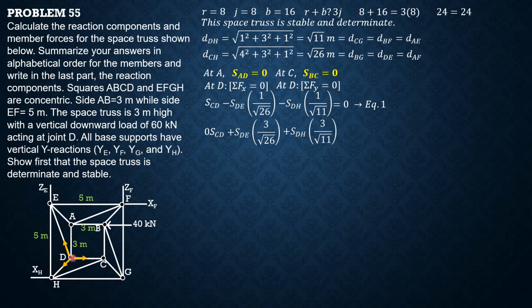Then there is a load there which is downward equal to 60 kilonewtons. So plus 60 because downward is positive, equals 0, so equals negative 60.